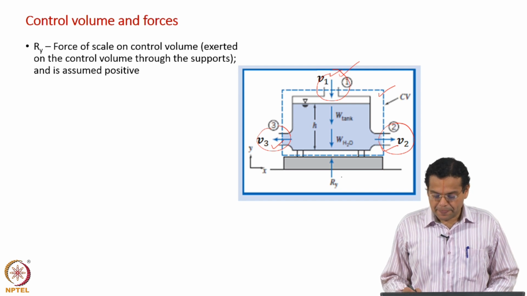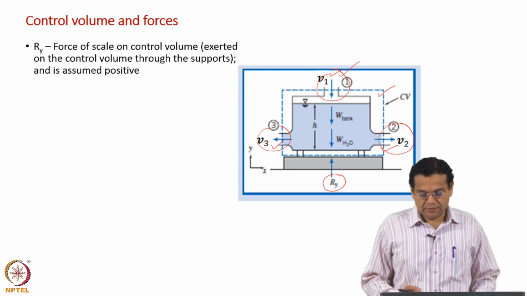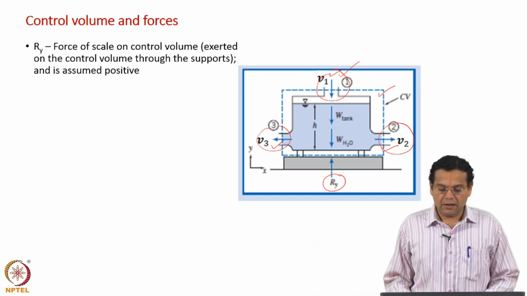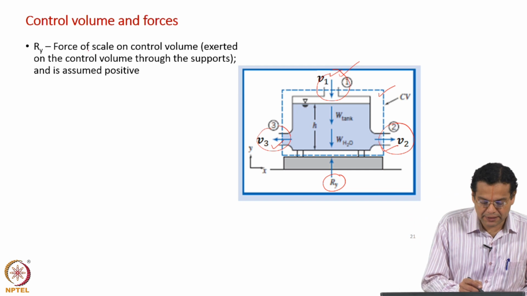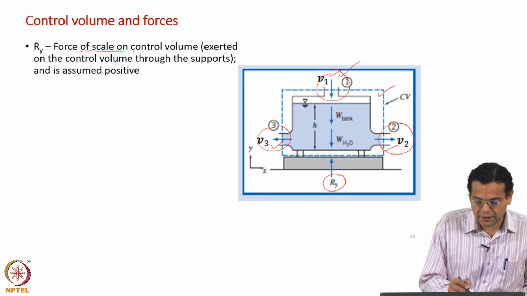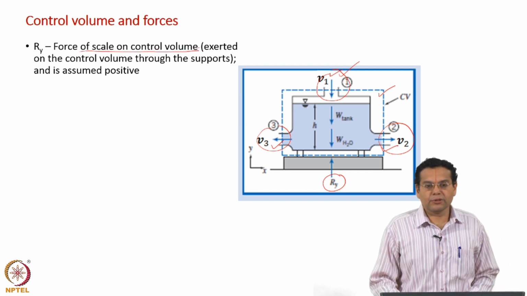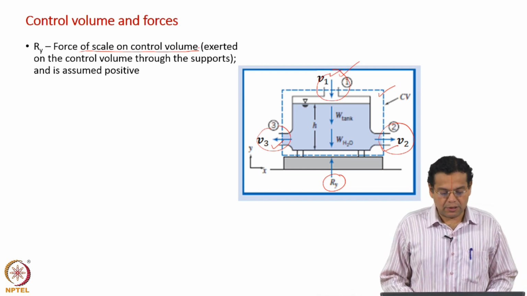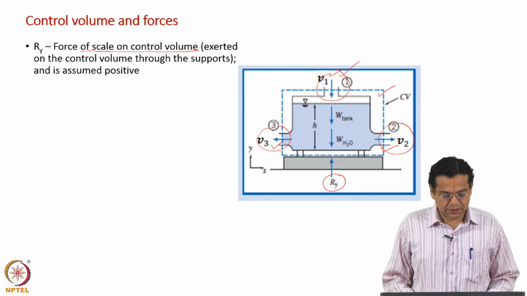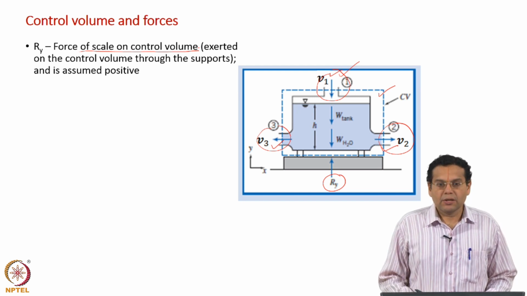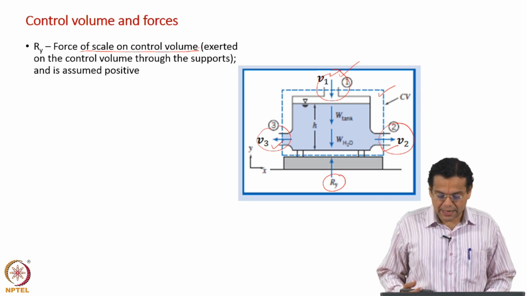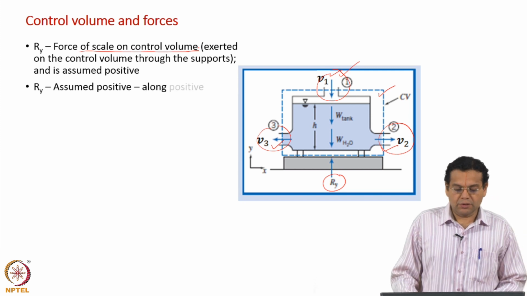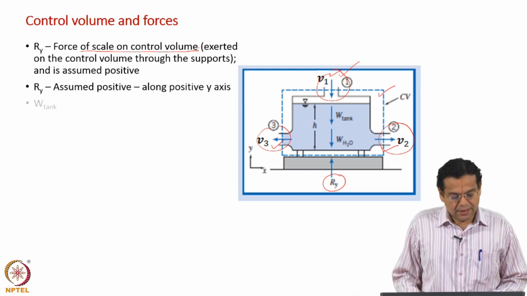Now we denote Ry, taken as positive along the y axis, as the force of the scale on the control volume. As in the previous example, we should be careful of the direction of force exerted by the scale on the control volume, through the supports. We have taken Ry to be directed along the positive y axis.